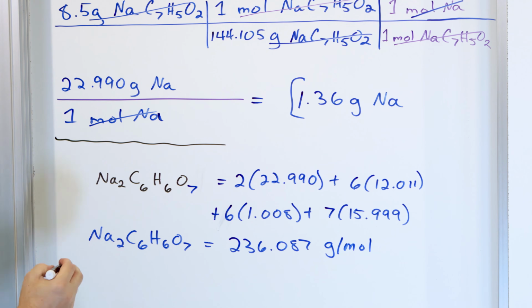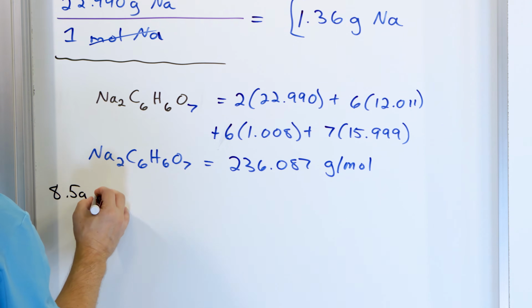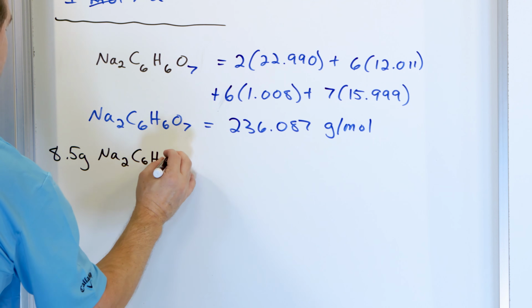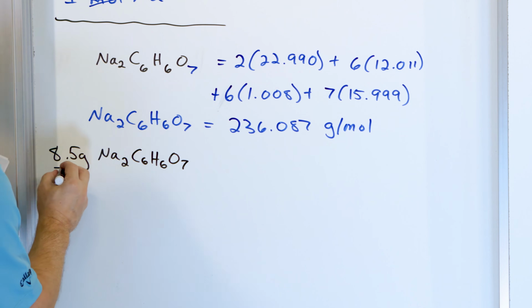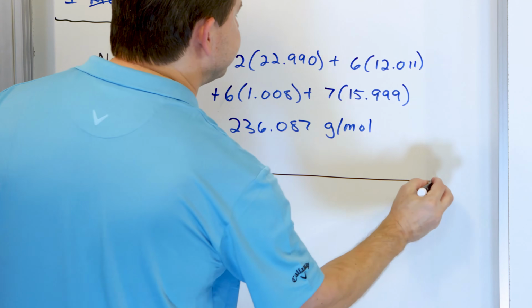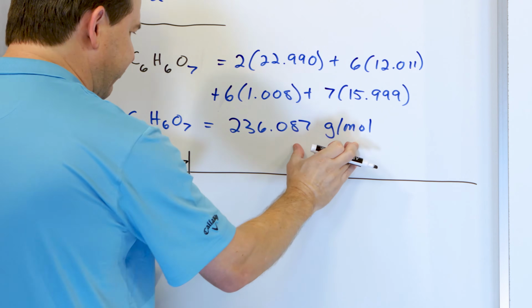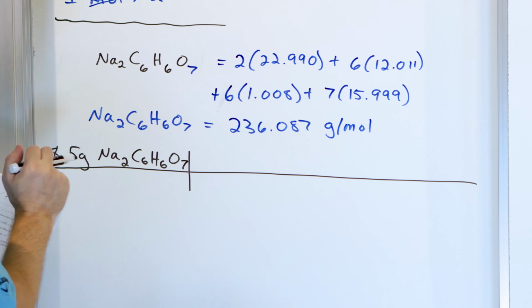Okay, so now we write down what we are given. We are told that we have an 8.5 gram sample of this substance, Na2C6H6O7. So that's grams of that substance. So go ahead and continue that across. Anytime we start with grams, we can automatically convert to moles. Why and how? Because we just figured out the conversion factor right here.